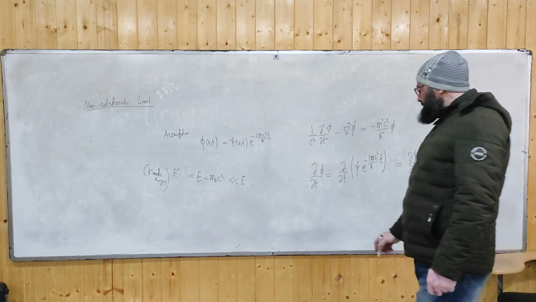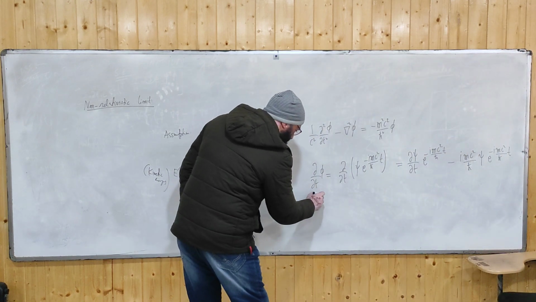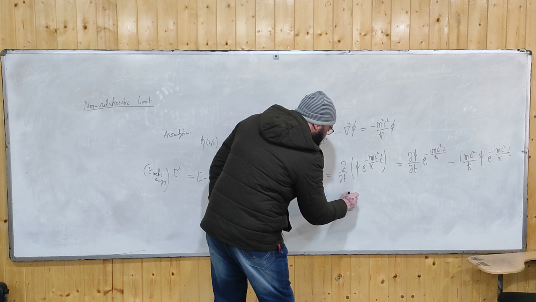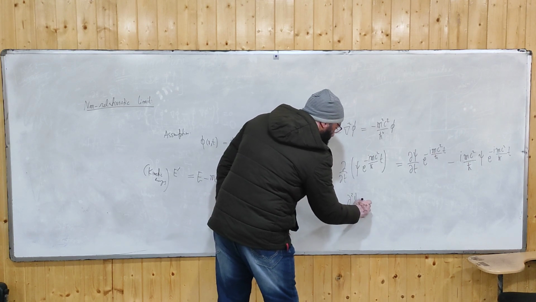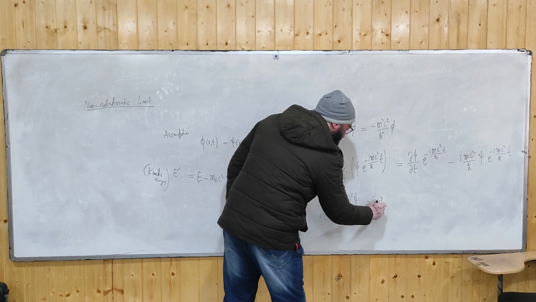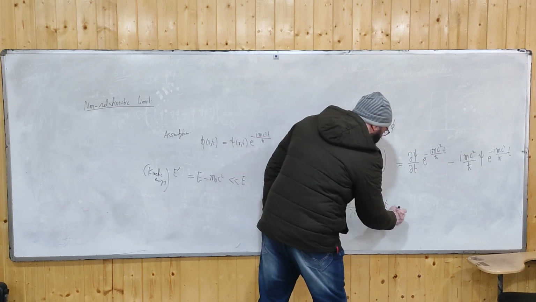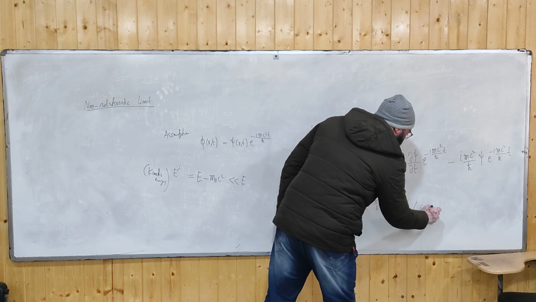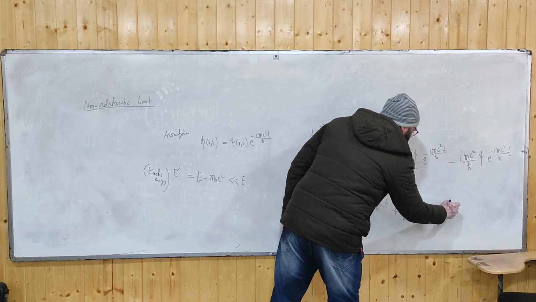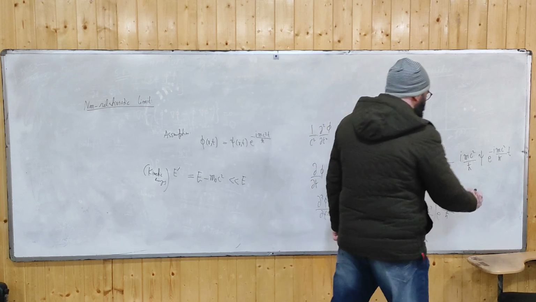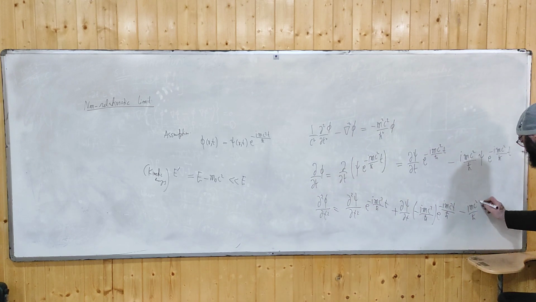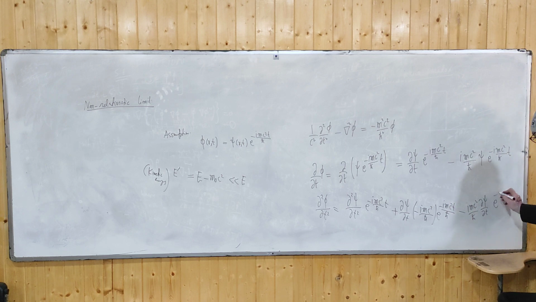Clear? Now let's take the second derivative, partial² by partial t². So it is partial² psi by partial t² e raised to the power minus i mc² t by h-bar, then plus partial psi by partial t times minus i mc² by h-bar e raised to the power minus i mc² t by h-bar, then again minus i mc² by h-bar partial psi by partial t e raised to the power minus i mc² t by h-bar.